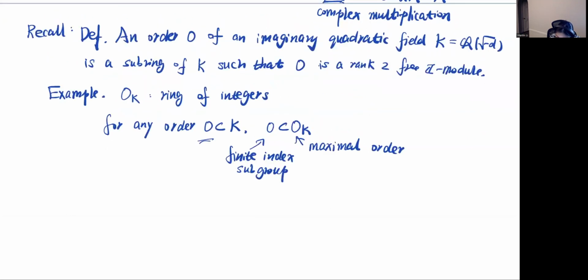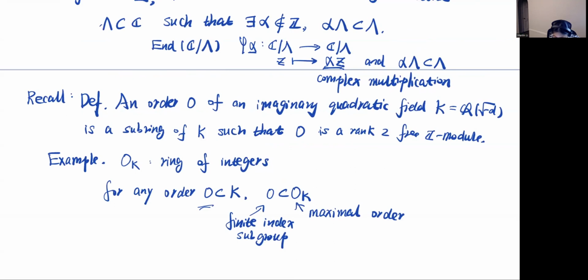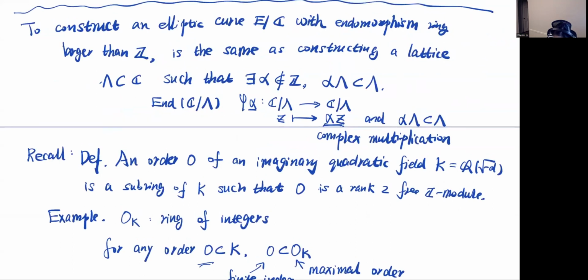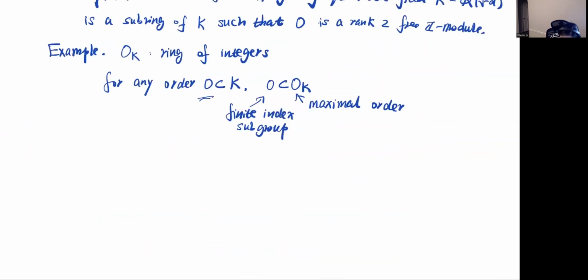I want a lattice lambda such that for any alpha in O, alpha times lambda is inside lambda. What does this format remind you of? Ideals, right? If I have a ring, and I want some structure such that any ring element multiplied to this set is still contained in this set, then I should be looking for something that looks like an ideal.